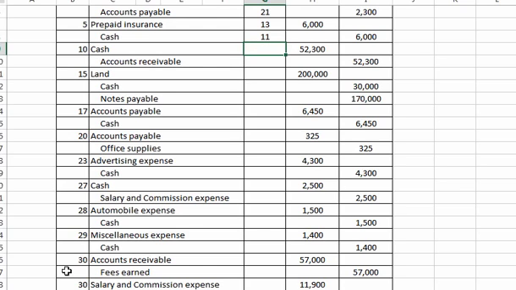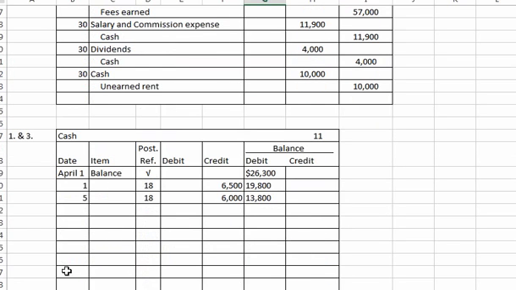This is fairly repetitive, really an easy part of the process, I think. Now we have a debit to cash for $52,300 on the 10th. That's also from journal page 18. And the debit on the 10th, again, was for $52,300.